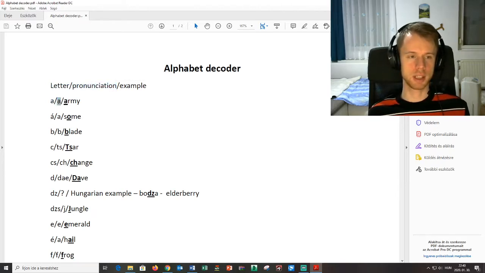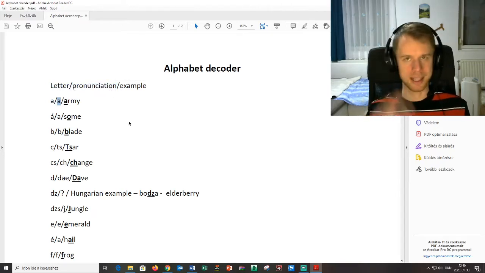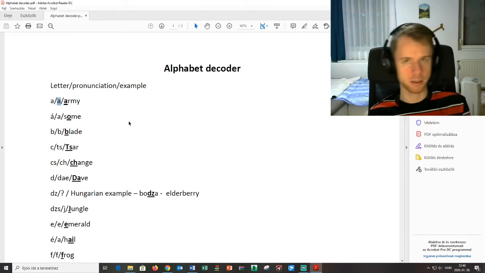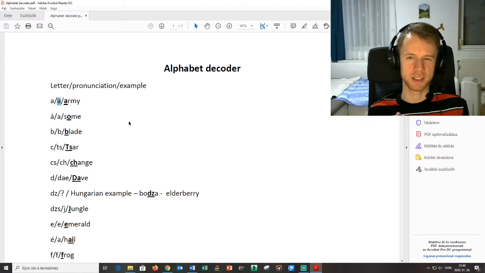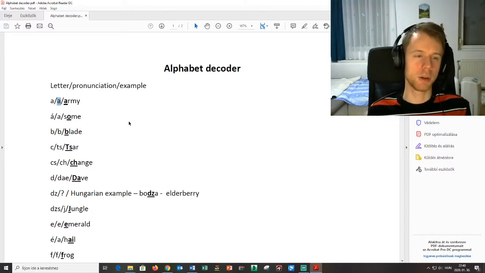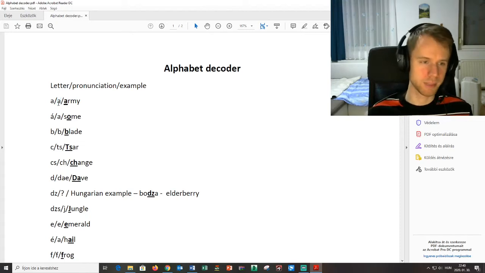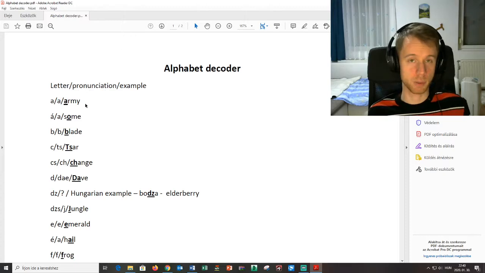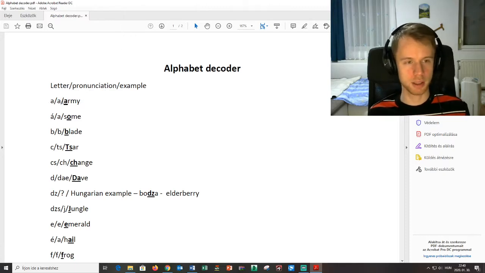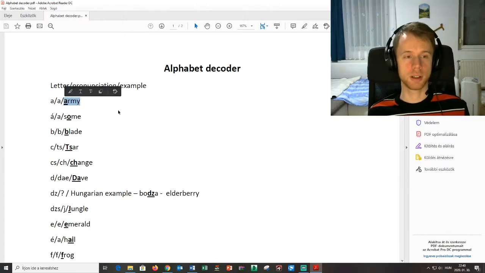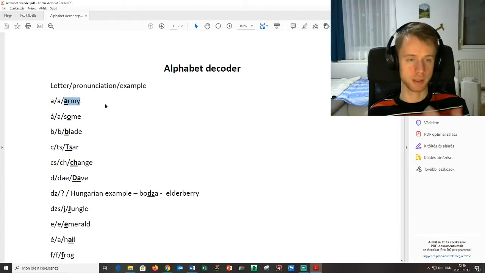This is pretty much the letter from the English alphabet that is perhaps the closest in pronunciation. I know here it's going to be a little bit different because the English alphabet is quite different in pronunciation, and that is why I have created the third column, which is a whole English word.